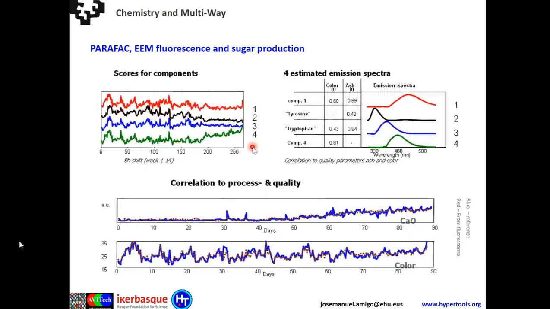I can show you the results, in which here we have days, and you can see how the blue line matches the brown dots. The brown dots are the offline measurements, and the blue line is the real-time measurements. And not only that, they are able to extract the chemical information of what's going on in those processes.